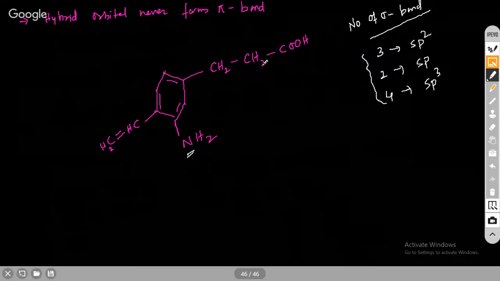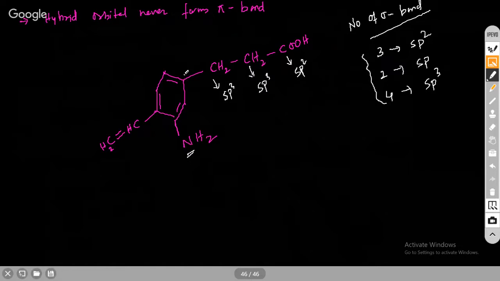So for this carbon, what is the hybridization here? Number of sigma bond: C double bond OOH. So one sigma with double bond, one here, one here. We have three sigma bonds. So this carbon is sp2 hybridized. We only count the number of sigma bonds. This carbon atom, we have 4 sigma bonds, sp3. This carbon atom, 4 sigma bonds, sp3.